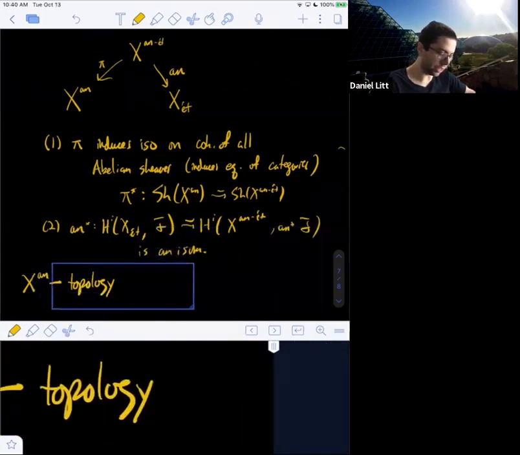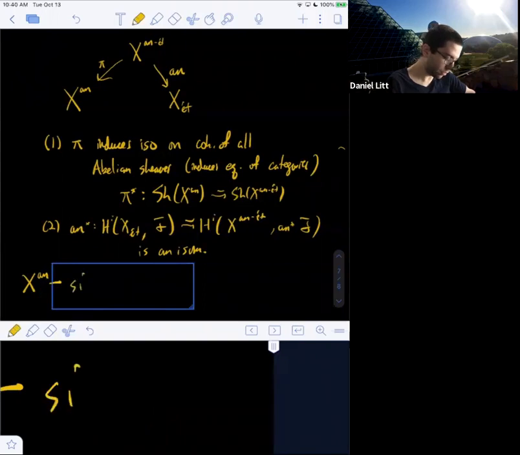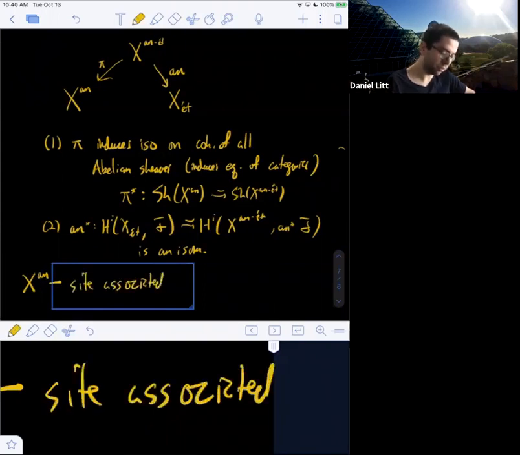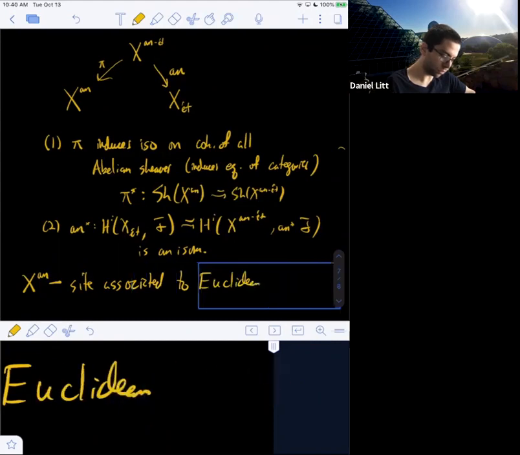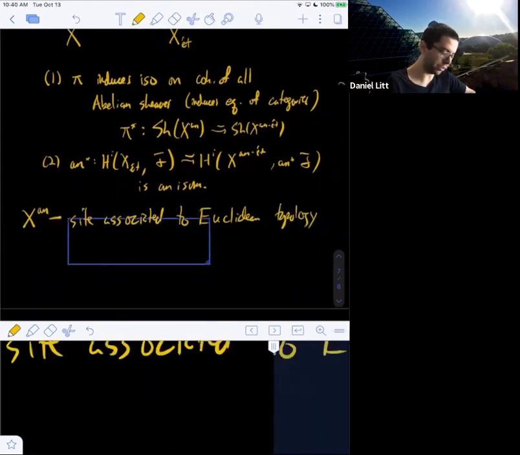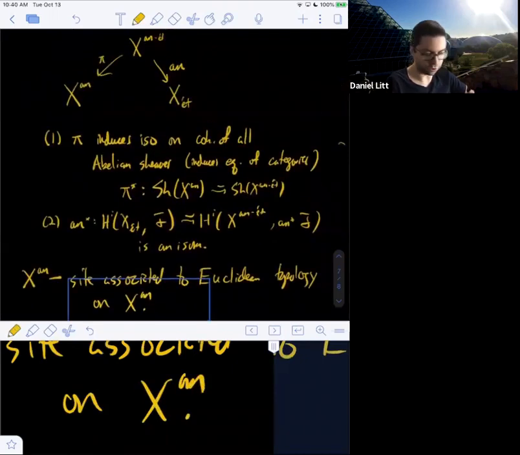Okay, so what is Xn? So it's the site associated to the Euclidean topology on the complex analytic space associated to X. So if you'd like, what you can do is locally choose an embedding of X into affine space.